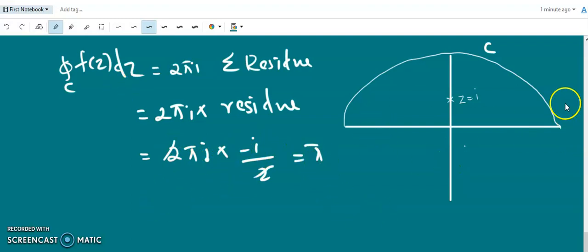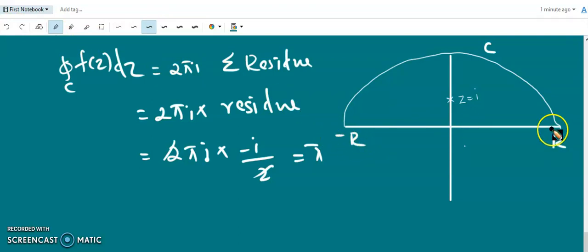So this closed integral over the semicircular contour of f of z dz can be written as the sum of two integrals. Let the radius of the semicircle be r. We can mark this point as minus r and the other point as plus r.